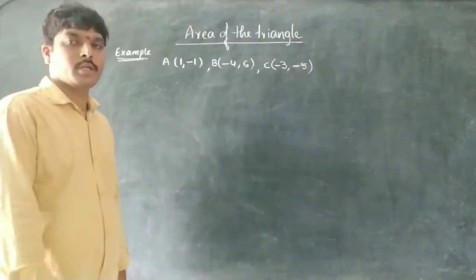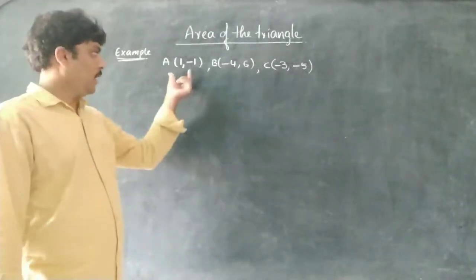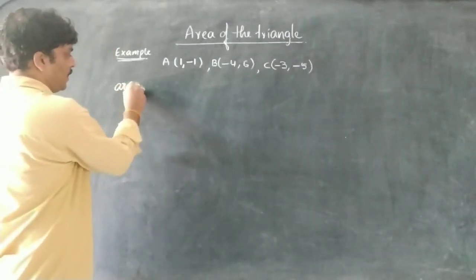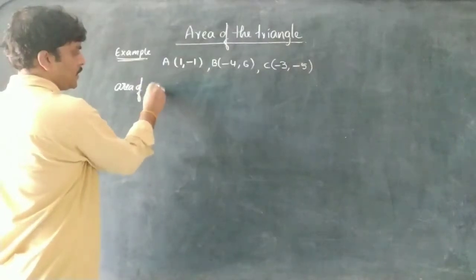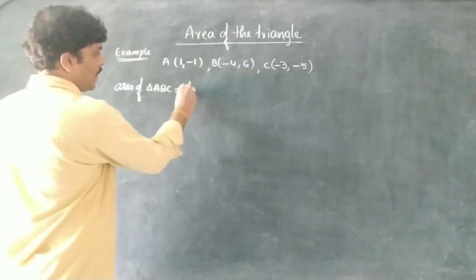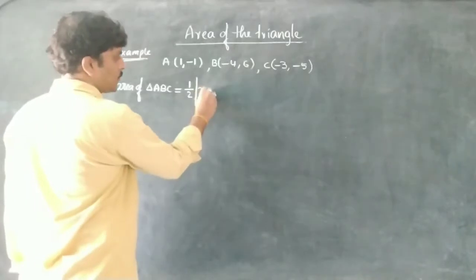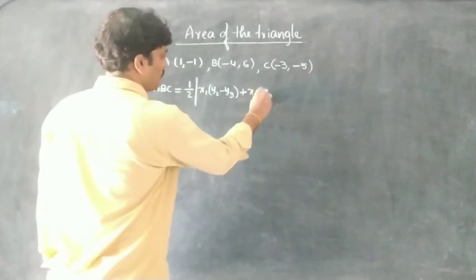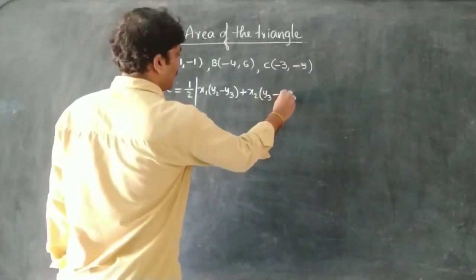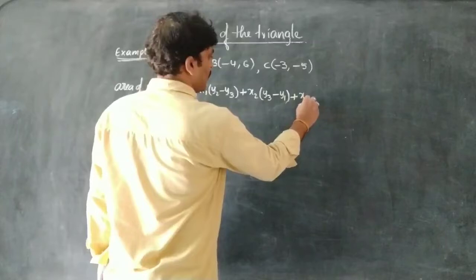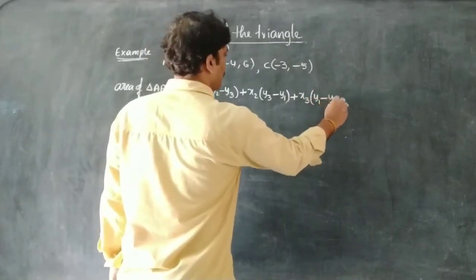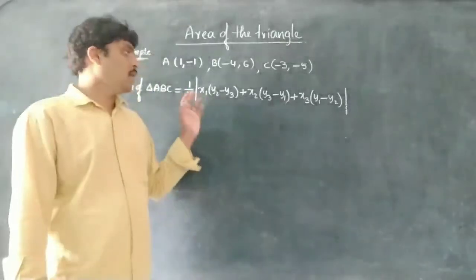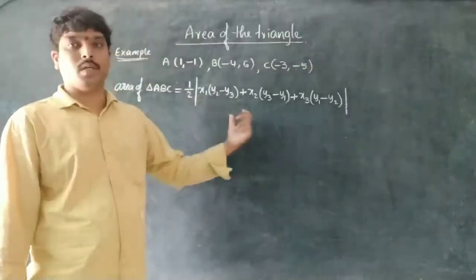For example, question: find the area of triangle ABC. There are three vertices. Now area of triangle ABC. First we should write the formula: half modulus x1 (y2 minus y3) plus x2 (y3 minus y1) plus x3 (y1 minus y2). This is the formula. Now put x1, x2, x3, y1, y2, y3 in this formula.